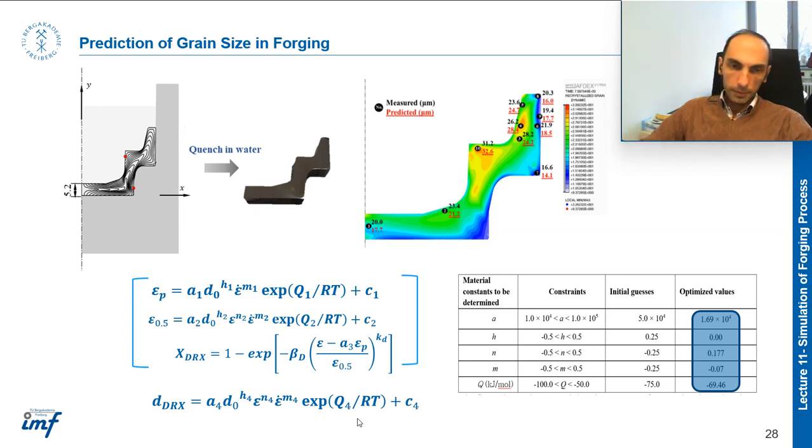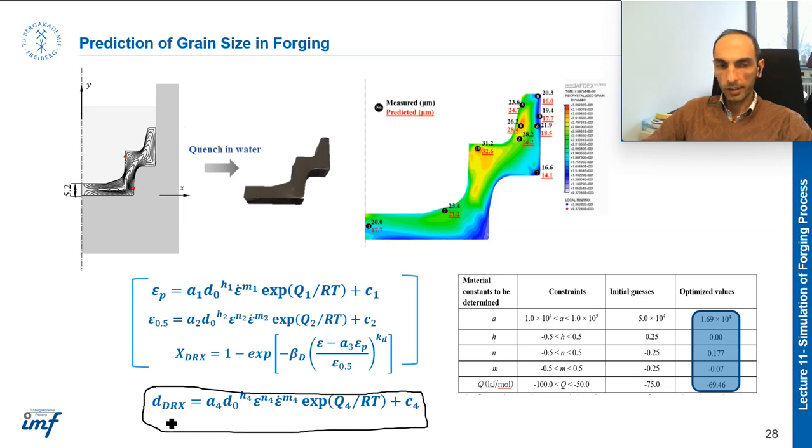Okay, finally, if you have the parameters for the material model for predicting the grain size, like this equation, I can say that for this example we do not need this value at all, because it's a hot forging, and usually if the temperature is high enough, the microstructure will be 100% recrystallized after the hot forging.